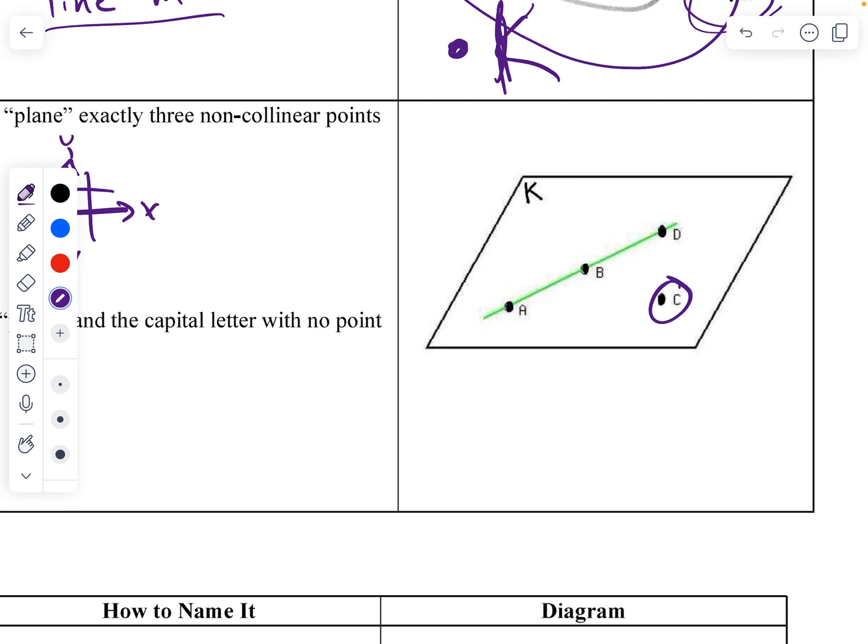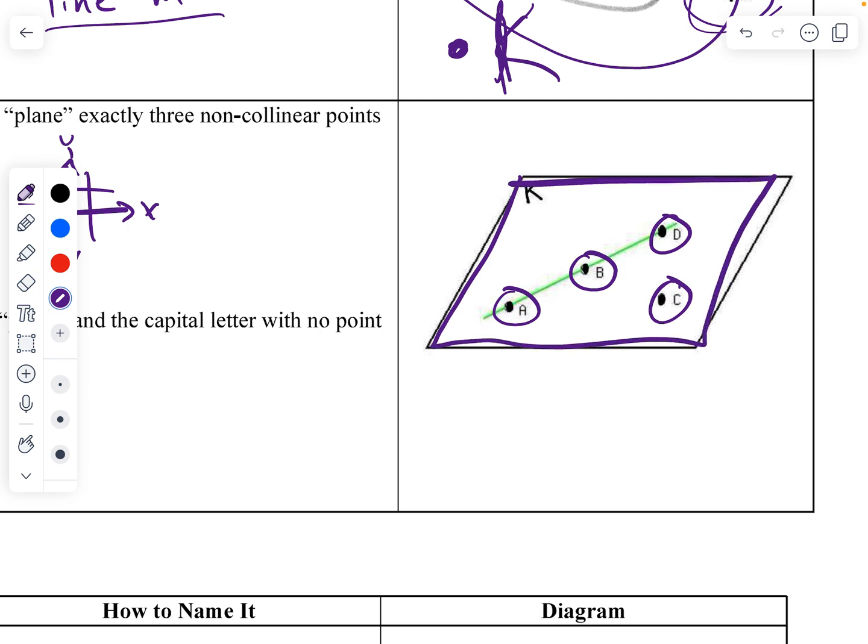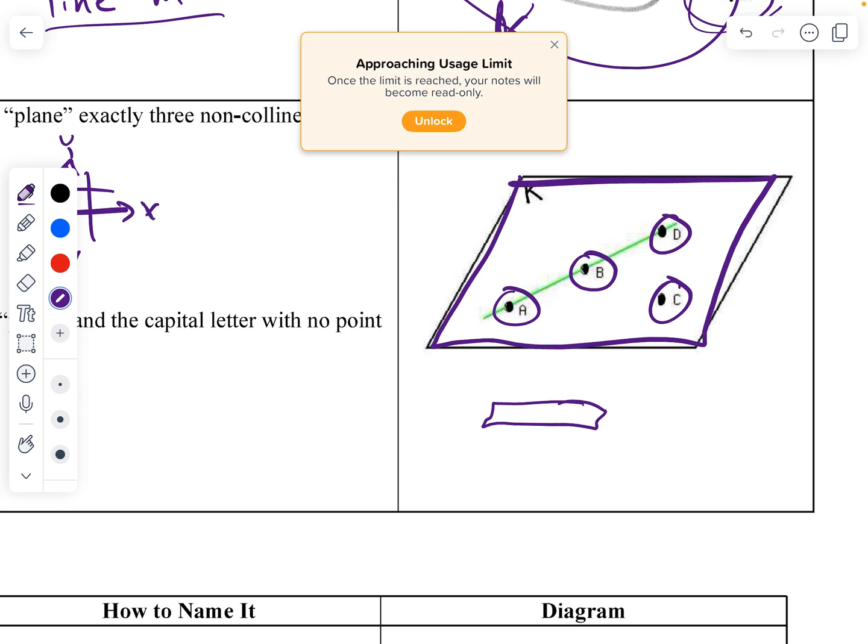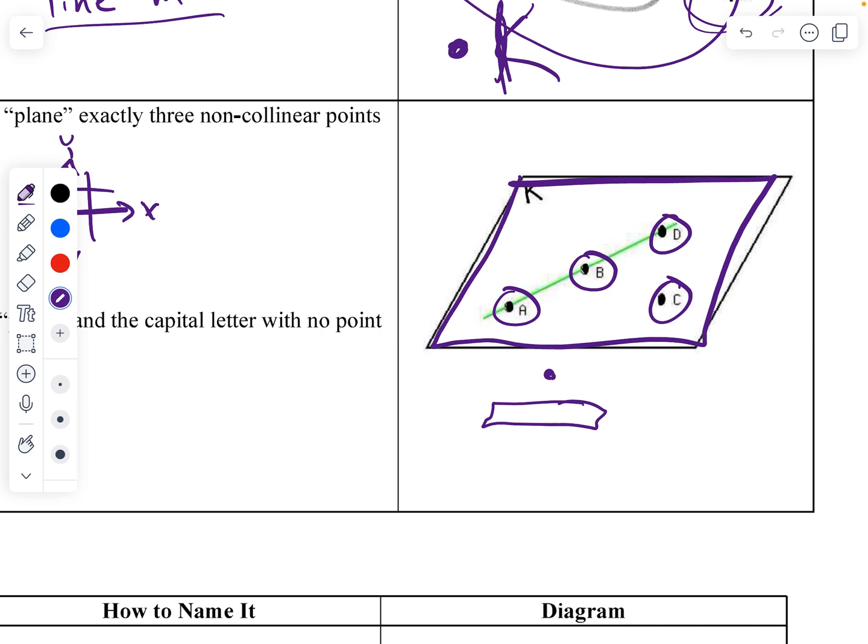Then, these points that are on the plane, like this, I can tell that they're on the plane because they are inside of the bounds of the plane. What do I mean when they're on the plane? If I had a plane that was kind of tilted, maybe a little bit more level, I don't even know how I would draw it, there could be points above the plane or below the plane, and maybe the plane goes indefinitely forward and backward and side to side, but they would be above or below the plane.